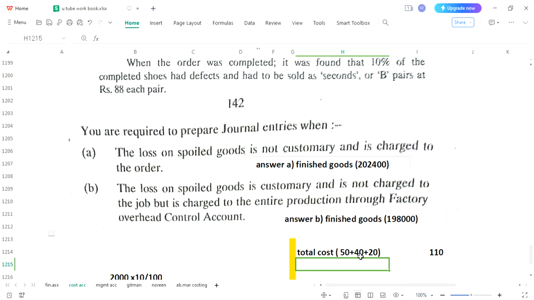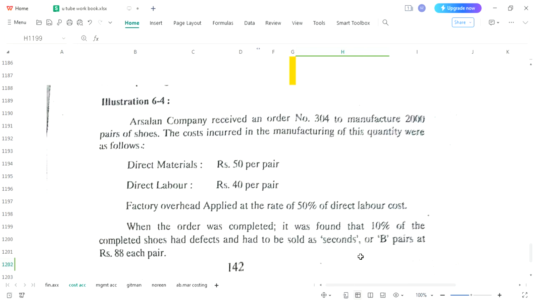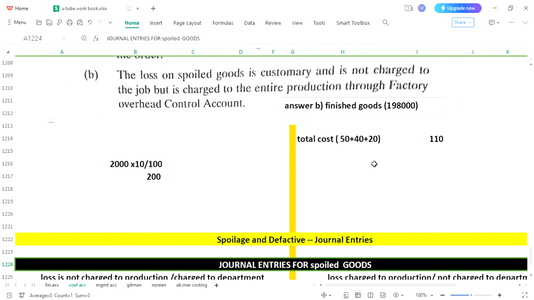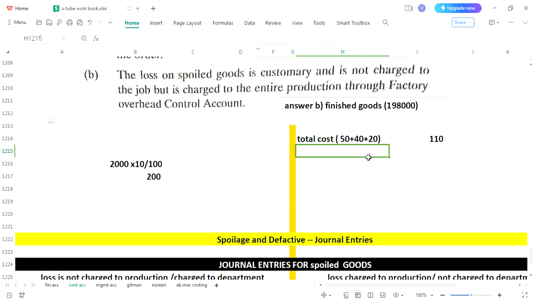While we have sold these spoiled goods for 88 only. Now here cost was 110, sale of spoiled was 88. So now let me know how much loss per unit you had faced.